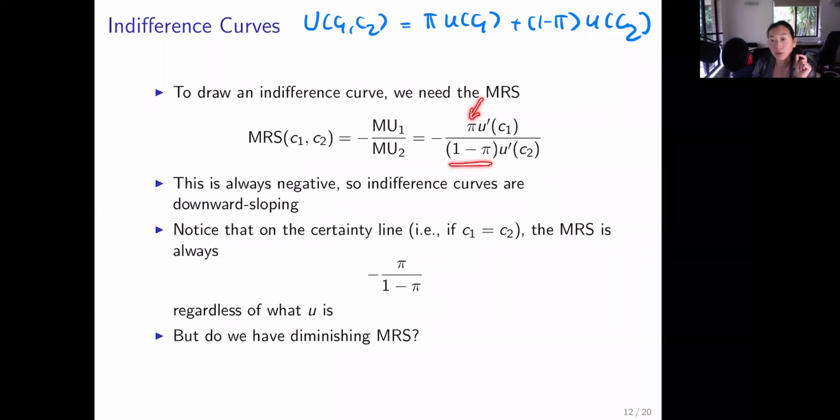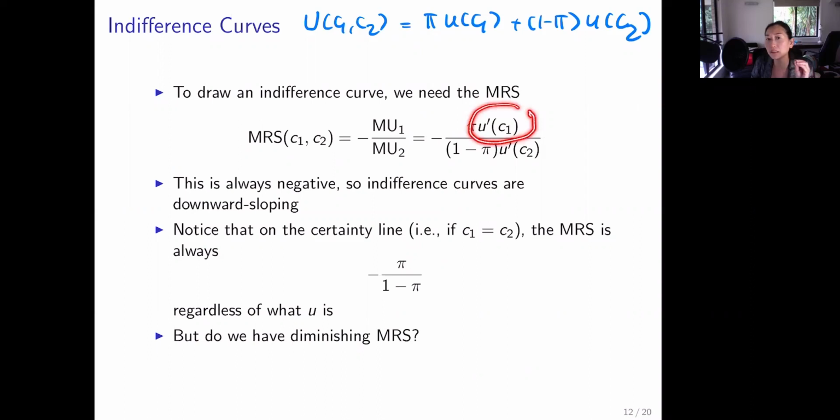Therefore, this is also between 0 and 1. And U prime is a positive value, right? So what does U prime mean? U prime of C1 is the marginal utility of wealth, or of the consumption at state 1.